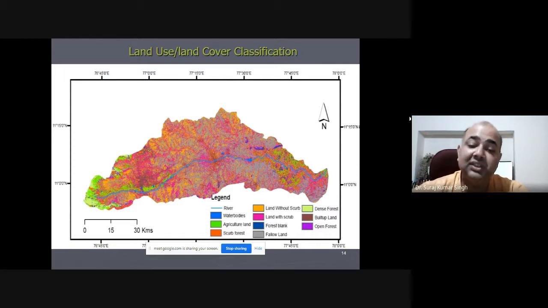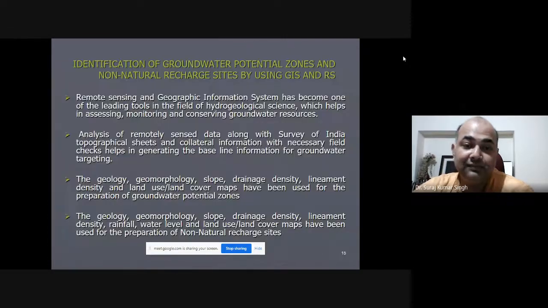By seeing the color combination, the color code, you can spatially map with 100% accuracy each and every parcel of land under the various land use land cover classes. That's why we use remote sensing and GIS for classification of these maps.